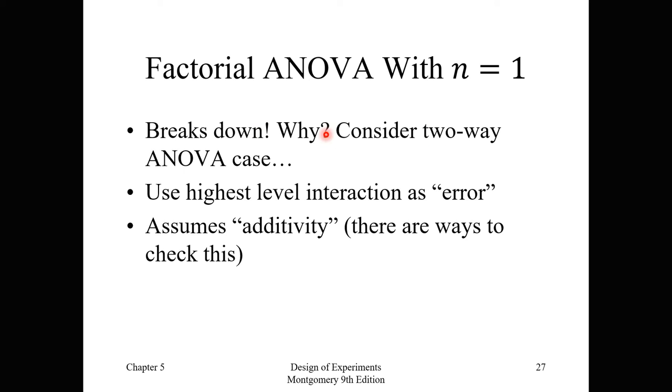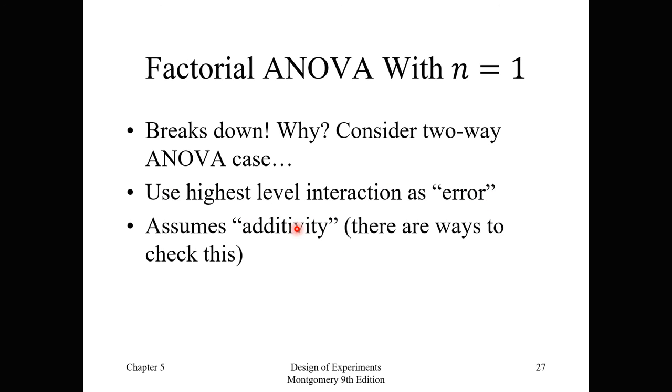So in this case, because of the problems with the error, we then use the highest level interaction term as our error term. In fact, this is what happened in randomized complete block design when we just had one replication as a rule. So when we do this, we assume that there is no highest level interaction. We treat the highest level interaction as error, and then we assume that there was never a highest level interaction term, that it was always just representing error.